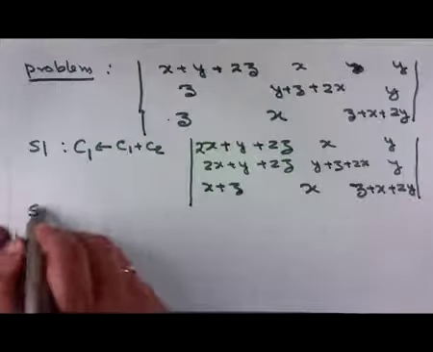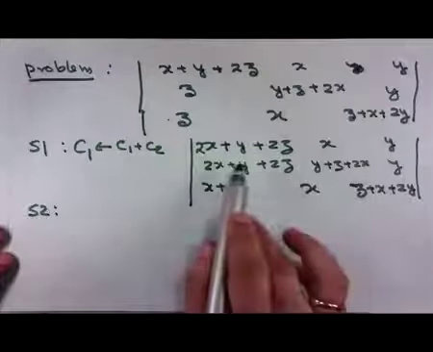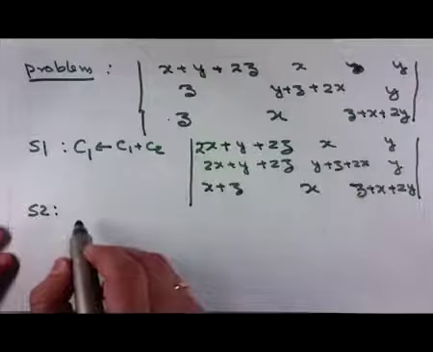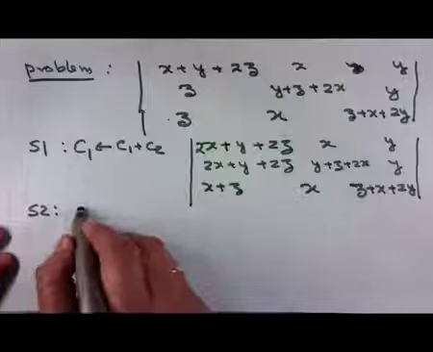Now we replace column 1 by the sum of column 1, column 2 and column 3.